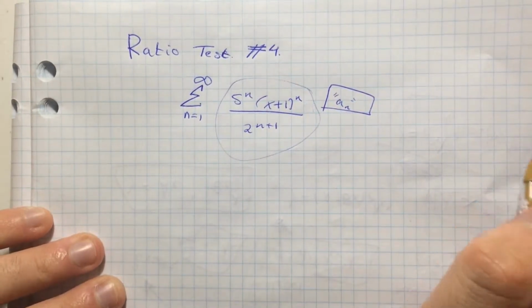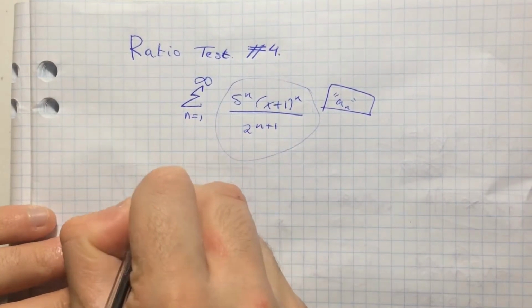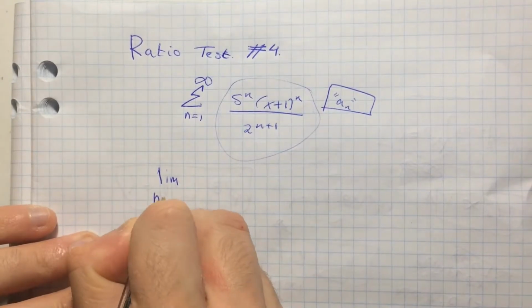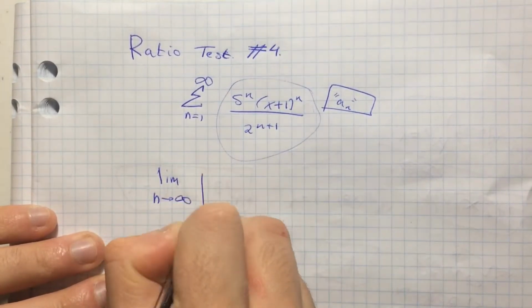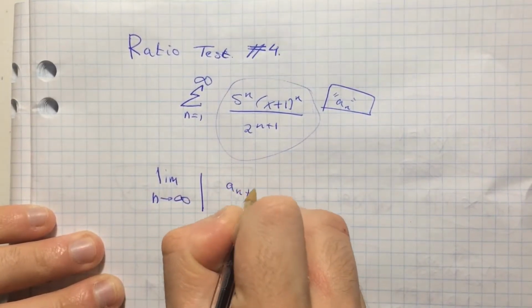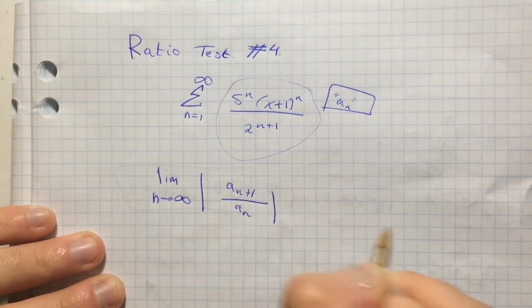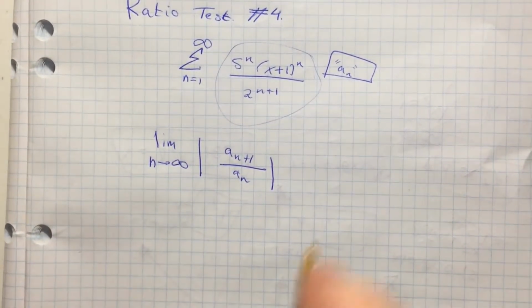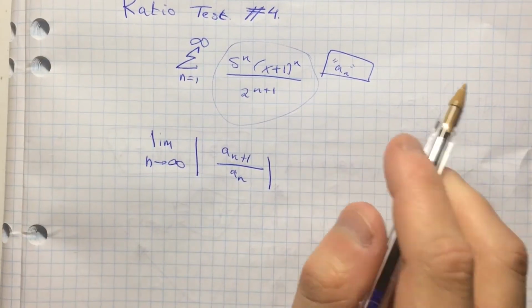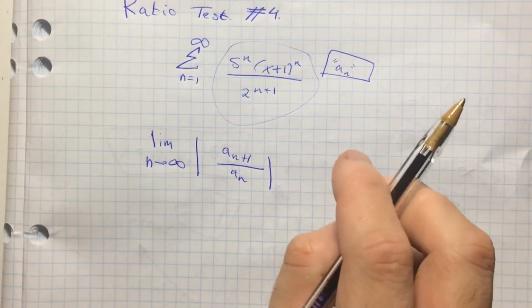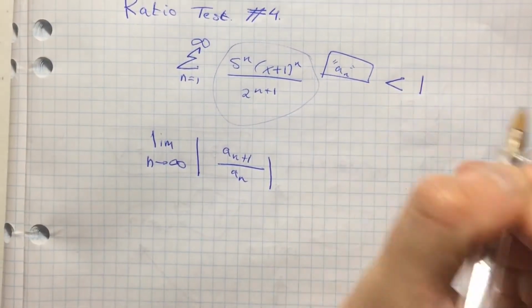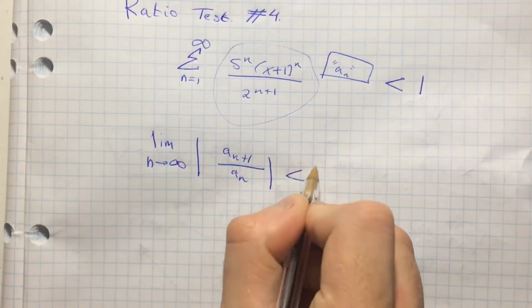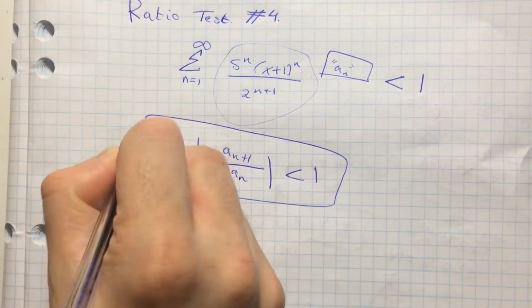And then with the ratio test, you take the limit as n approaches infinity of the absolute value of a sub n plus 1 over a sub n. For this problem, I am going to find the open interval of convergence again. So this has to be less than 1 for it to converge.